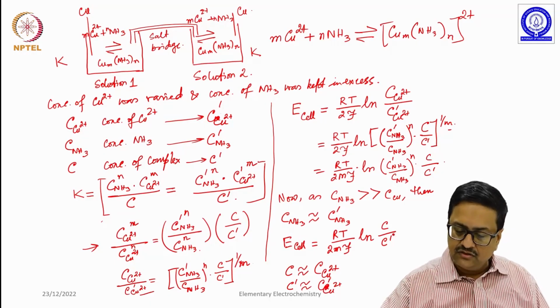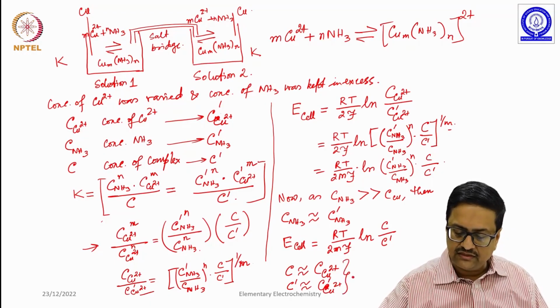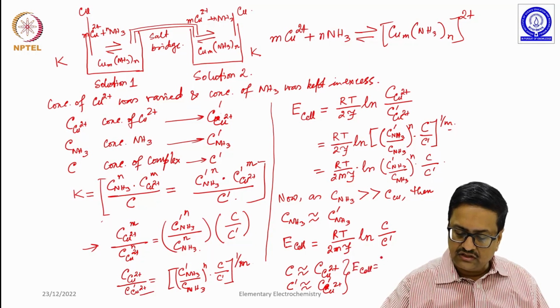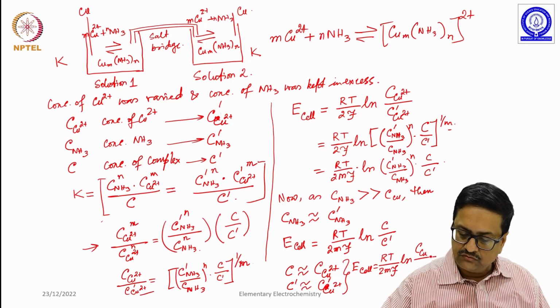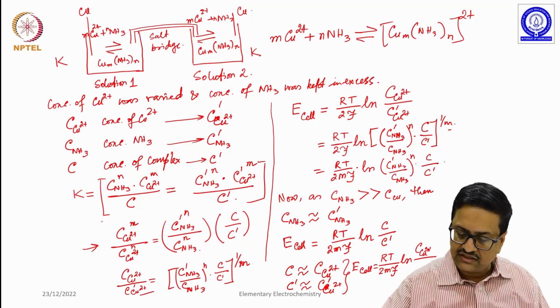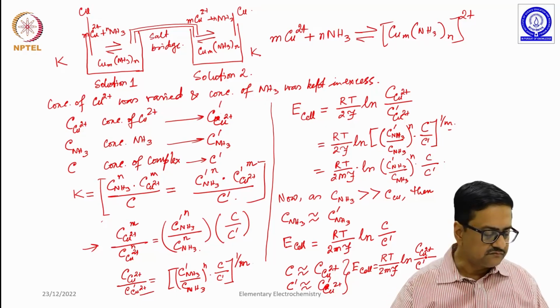As a result, this equation can be further simplified as E cell equal to RT by 2mF ln C Cu2+ by C Cu2+ prime.